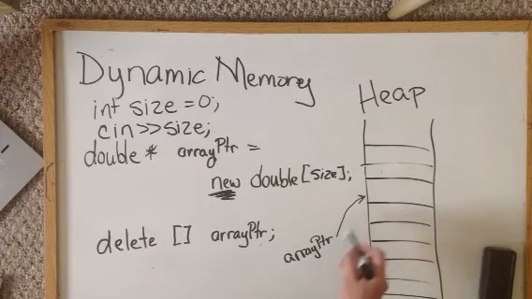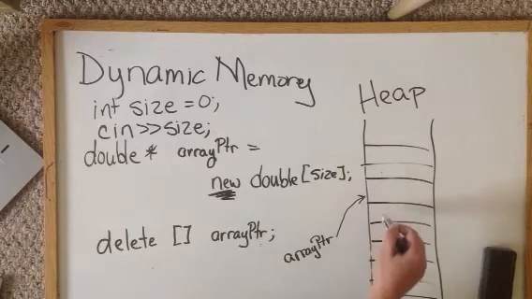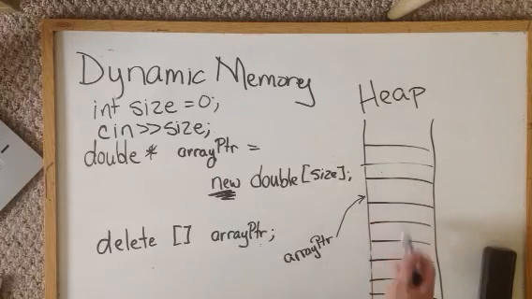But array pointer is still pointing at that area. And so if you messed up your code and tried to actually continue to use the values in here, they could be overwritten with who knows what.